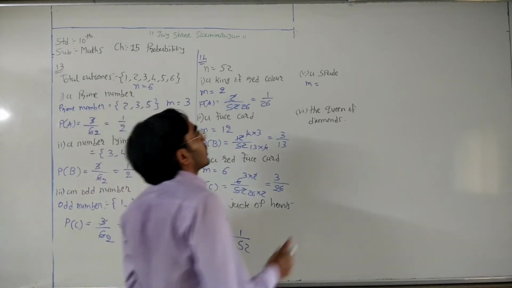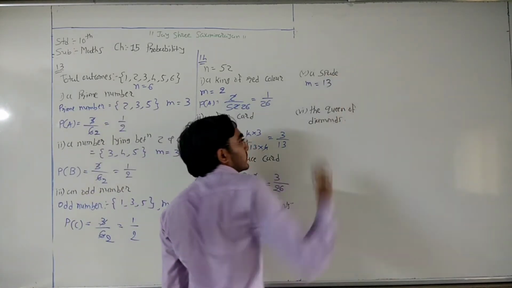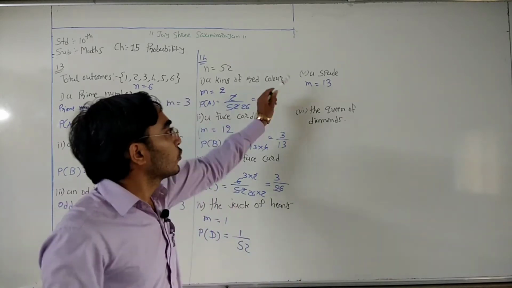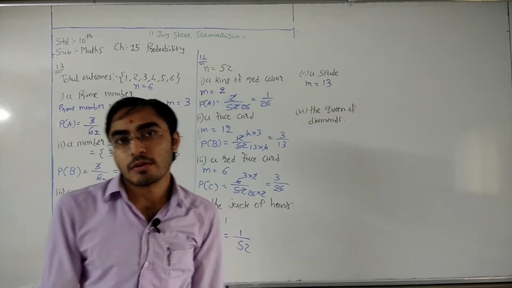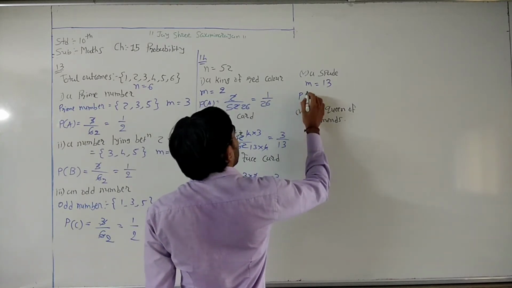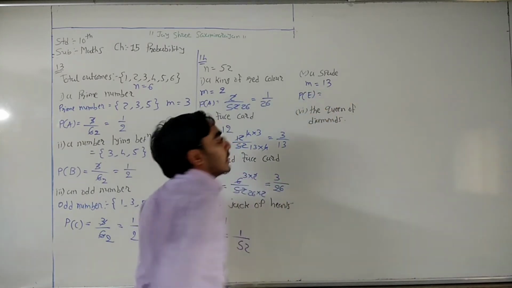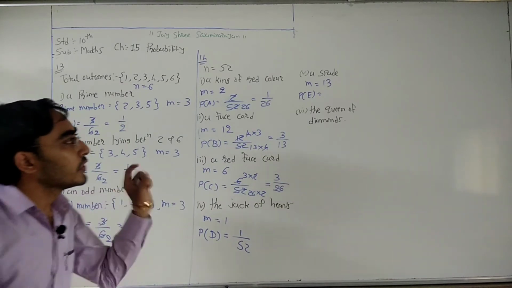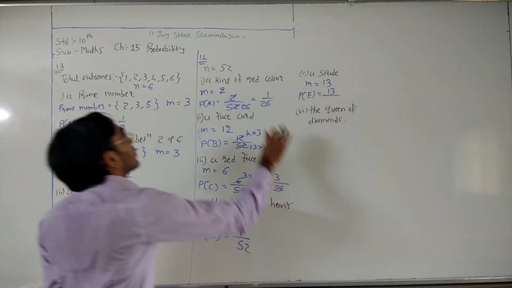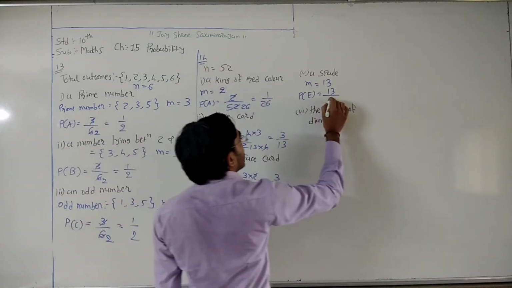So our favorable outcomes is 13. So what is the probability? Favorable outcomes is in numerator. So 13 divided by total number of outcomes 52.